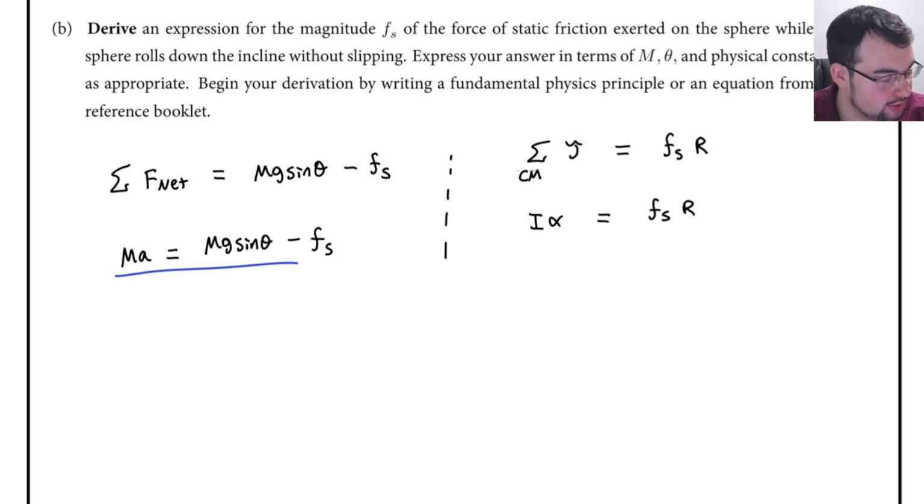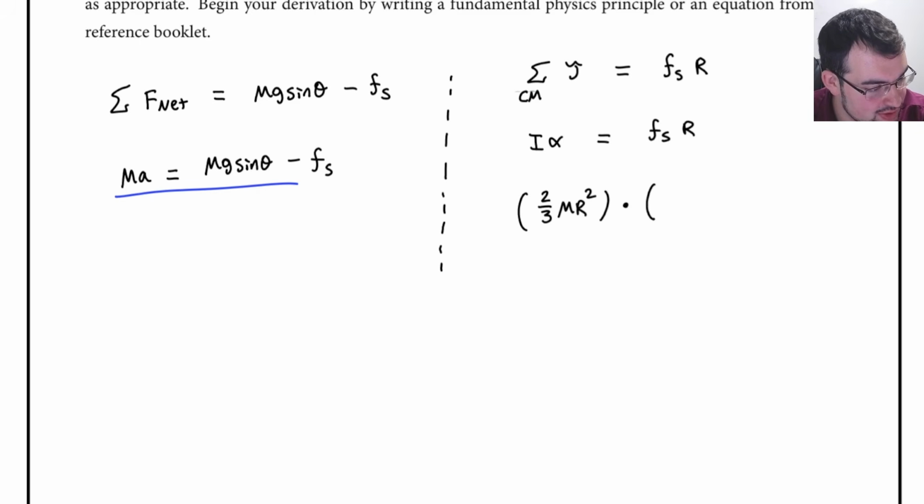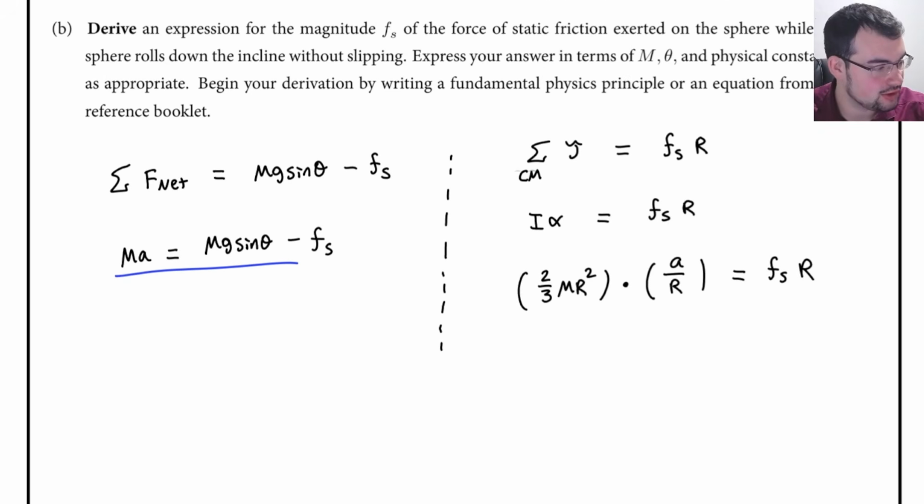So we can actually do more with this than I initially led you to believe. Rotational inertia, 2/3 mr squared still, it says. And since we're not slipping, we can substitute a over r for alpha, because we can use the no slip condition that we know a equals alpha r.